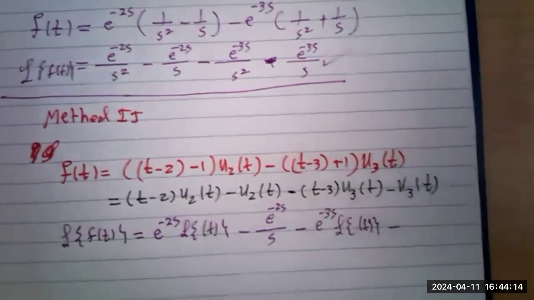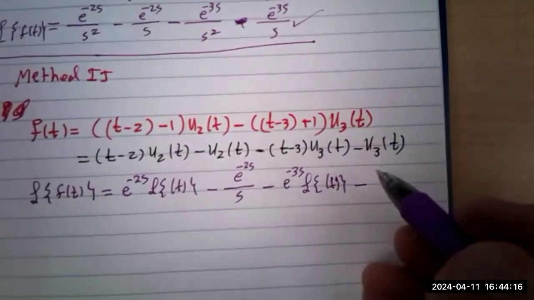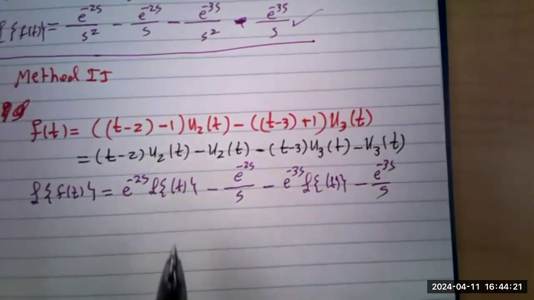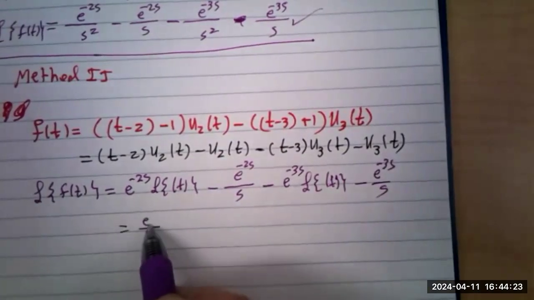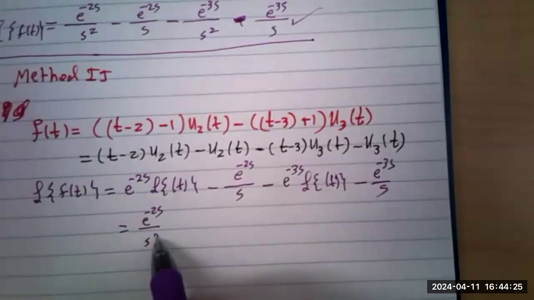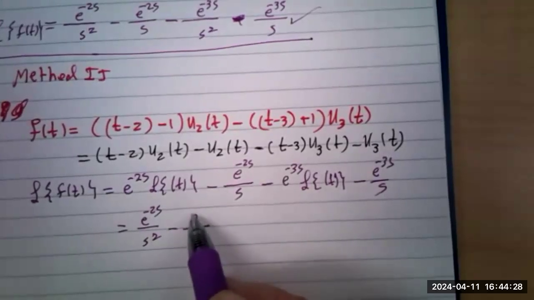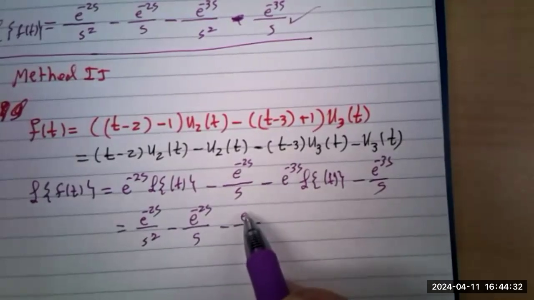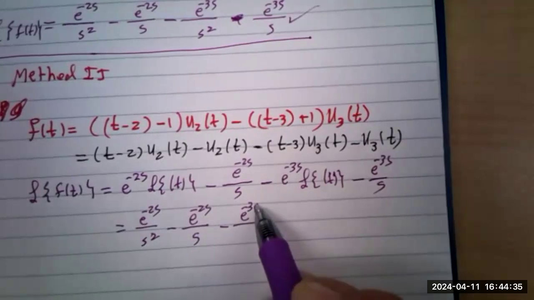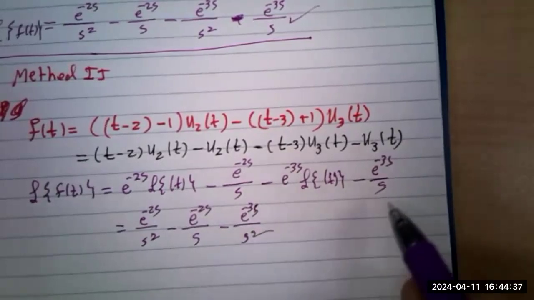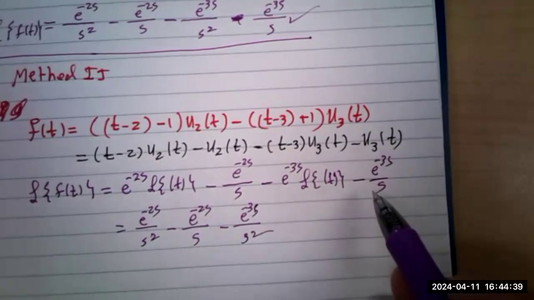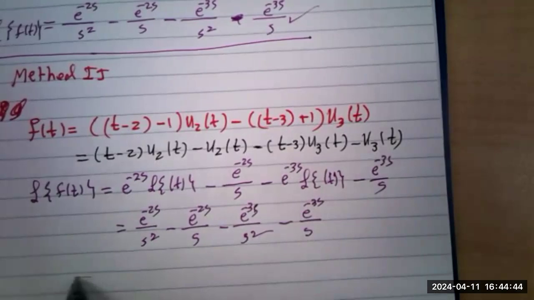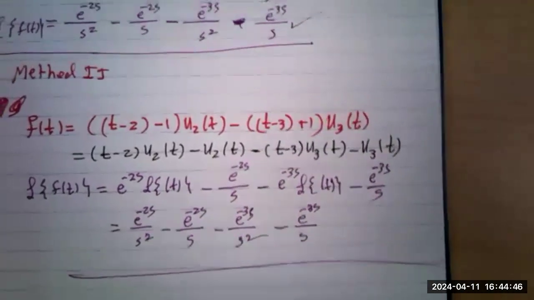And the last one is a unit step function, u3(t), e to the negative 3s over s. That's it. Laplace of t is 1 over s squared minus e to the negative 2s over s. Again, this is s squared. And the last one is going to be minus e to the negative 3s over s. If you compare them together, same solution.